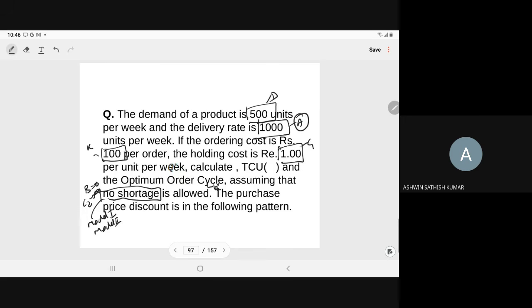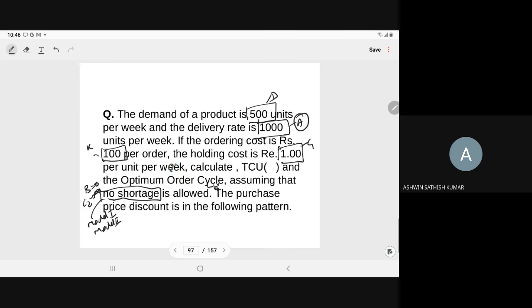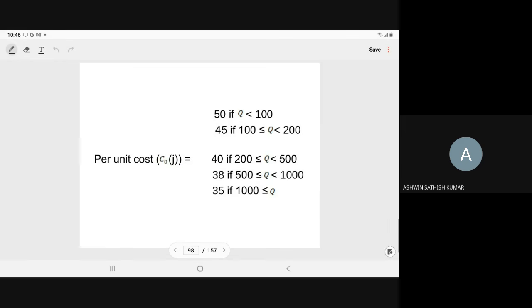So if it is 500 to 1000, you have to pay 38, and if you are purchasing more than 1000, then you have to pay 35.